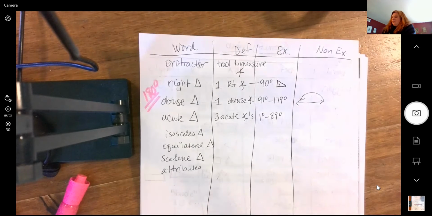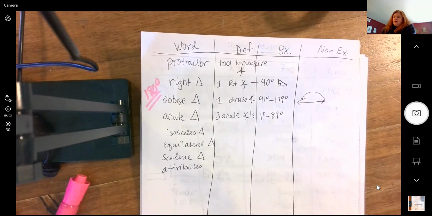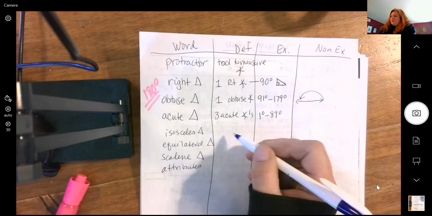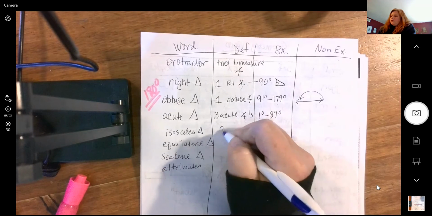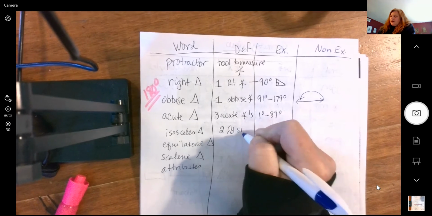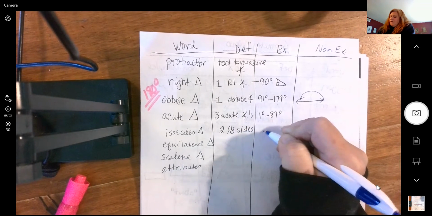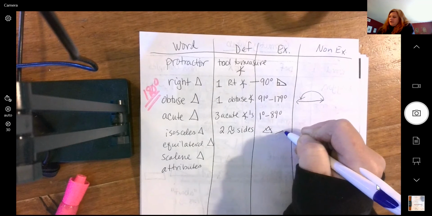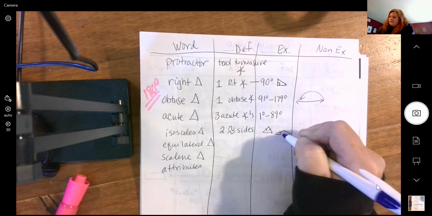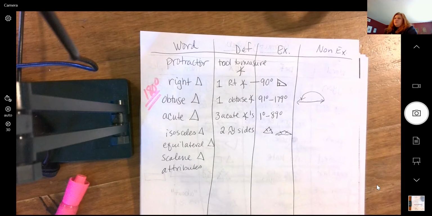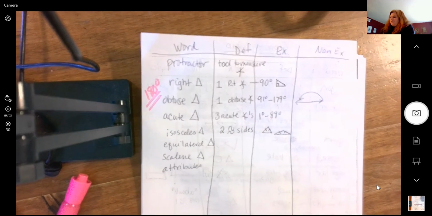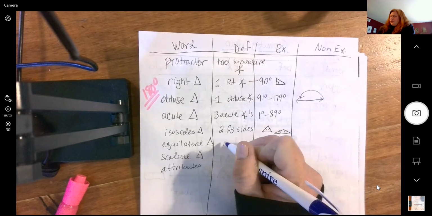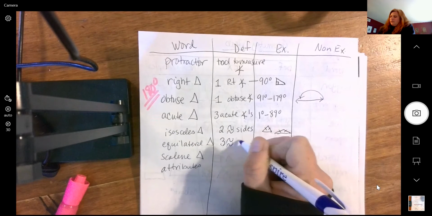All right, today we have 4 new words that we're learning. Isosceles means a triangle with 2 congruent sides. It might look like that, or like that, as long as it has 2 congruent sides. An equilateral triangle has 3 congruent sides.